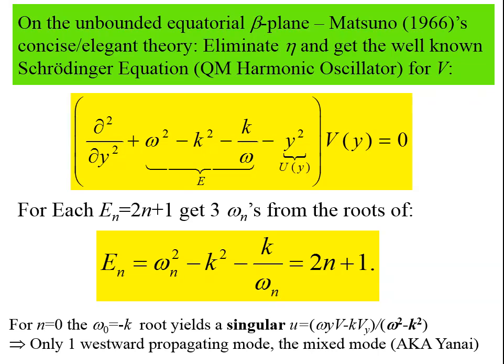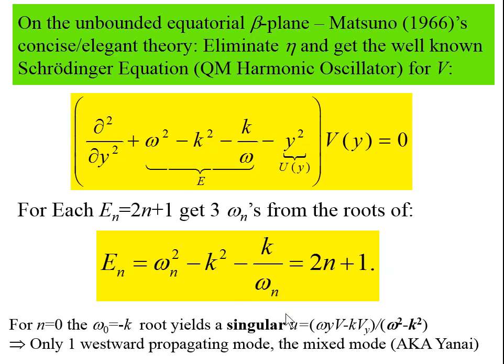And note that for n equals 0, if you plug in omega equals minus k, you get an explosion in the zonal momentum equation, which we eliminated. So one of the roots of the cubic equation in the case of n equals 0 violates the shallow water equations.